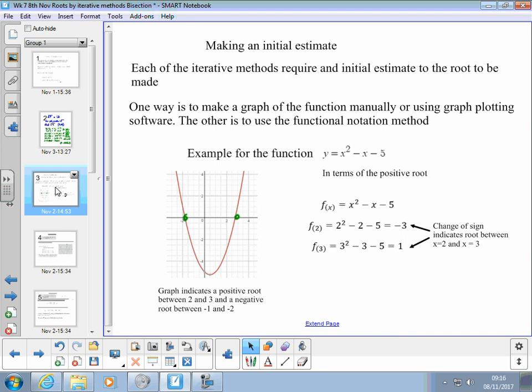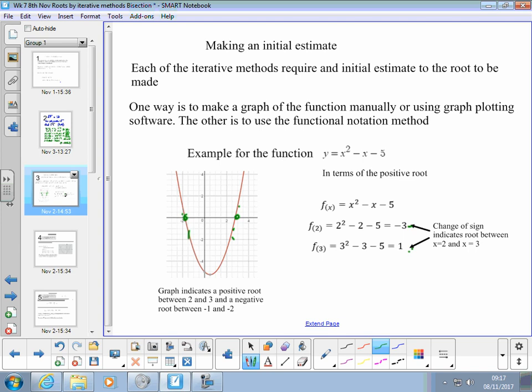The other way is to take that function and put a value of x in, okay, and look for a change of sign. Negative there. Look for change of sign, then we can find out our estimate of where the root is.